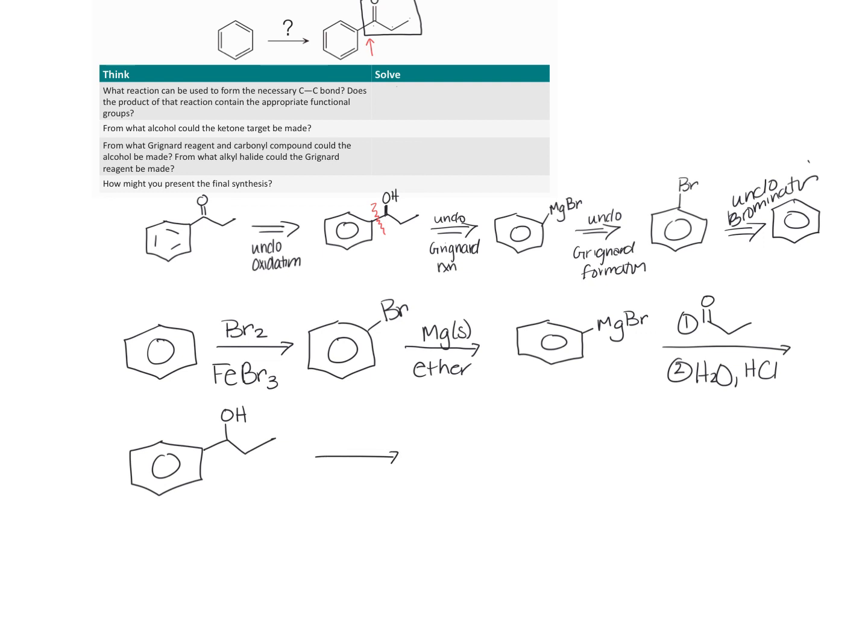Then we're going to go through an oxidation with chromate in sulfuric acid, and that should give us our final product. So that's how we can do a multi-step synthesis and use a bromination in this reaction.